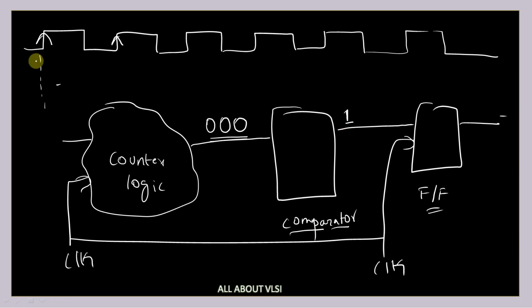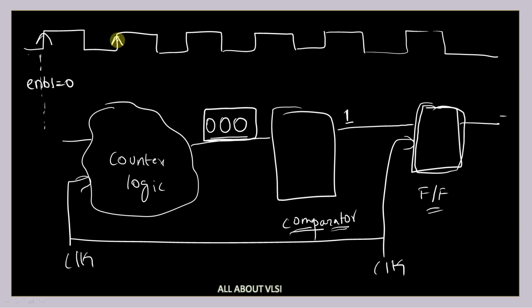So at the first edge of the clock, your counter is basically coming to the state 0 0 0, and your comparator value is becoming 1 exactly at this positive edge of the clock. But what is the value which is present before this positive edge of the clock? It is equal to 0. Before this positive edge of the clock, the value which is present to this D flip-flop was equal to 0. So that's why at this first positive edge of the clock, our enable 1 is equal to 0.